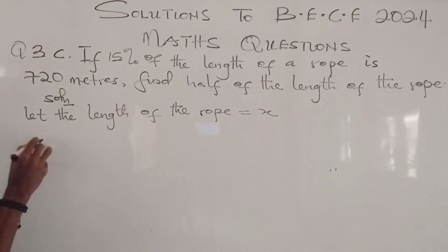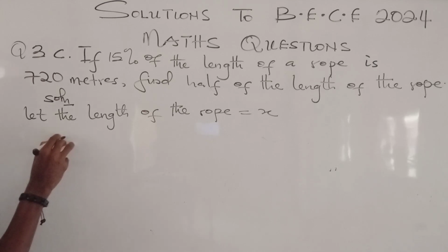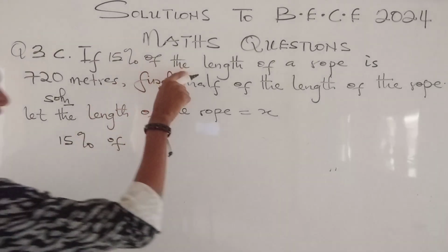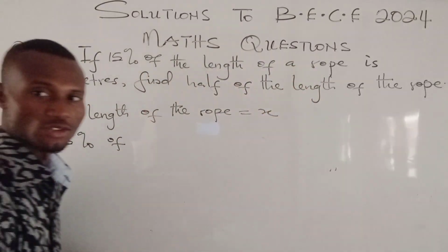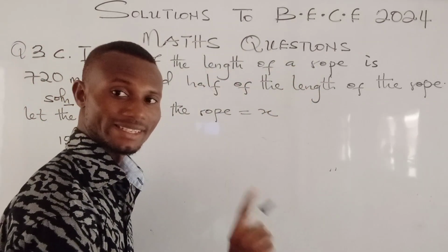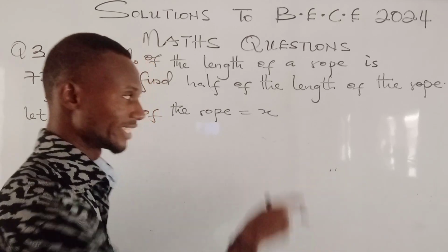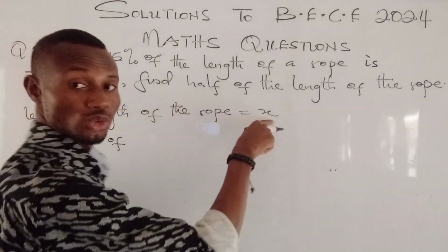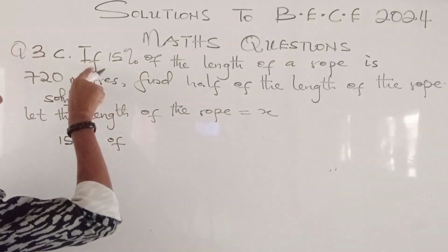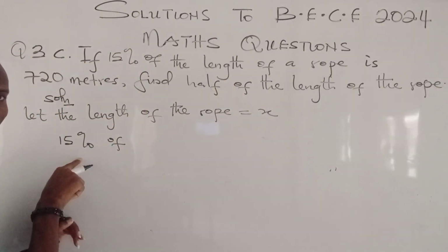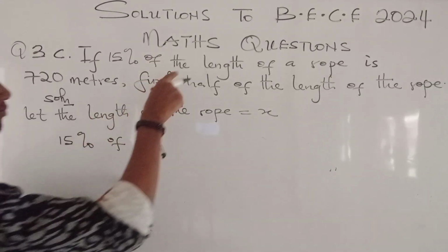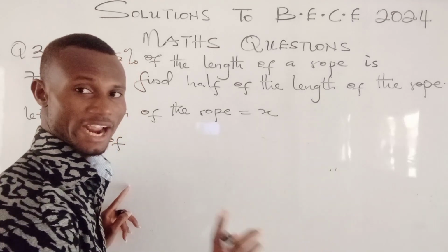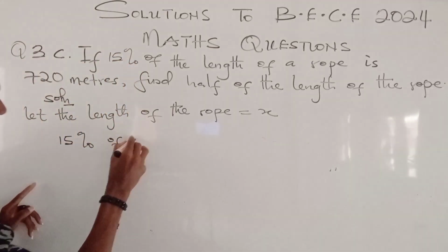So it says that 15% of the length of a rope. Now, what is the length of a rope? We've represented that length of the rope by a variable which is S. Look at it here: let the length of the rope equal S. So now, if 15%, the "of" is here, the length of a rope, that length of a rope we don't know, we've represented it by a variable S. So I'll bring my S here.